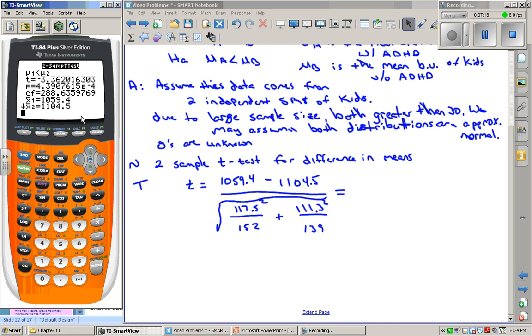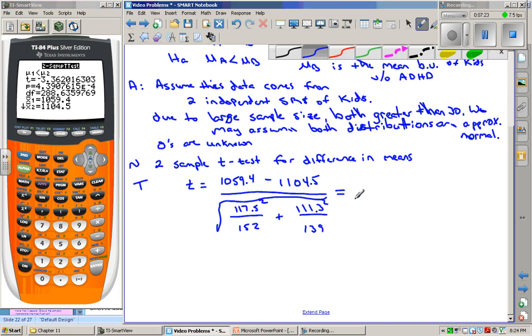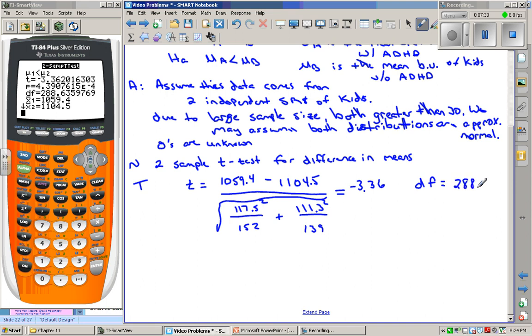Based off of that, we see that we have a t-value of negative 3.36. We have a degree of freedom of 288.6. We're going to obtain our p-value. Our p-value is 4.39 e to the negative 4, so basically 0.